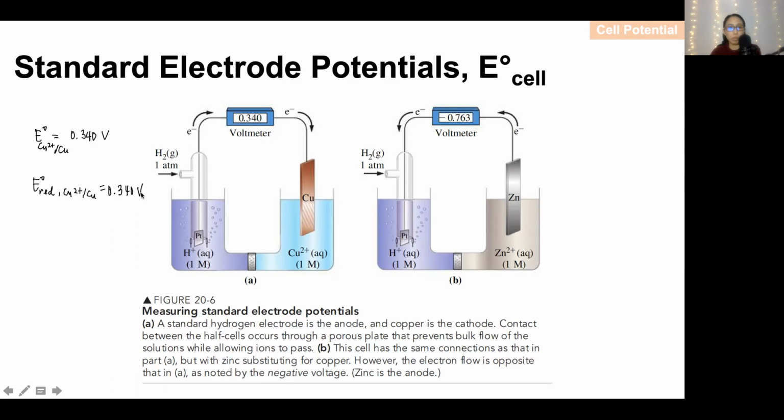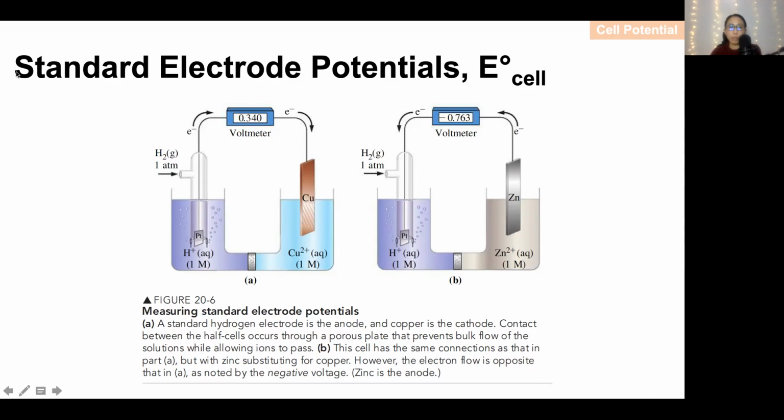0.340 volts. Meanwhile, if you connect a zinc 2 plus zinc electrode to your SHE, again, your SHE is the anode and your zinc 2 plus zinc electrode is your cathode, you get a measurement of negative 0.763 volt, which means that the standard reduction potential of your zinc 2 plus zinc electrode is negative 0.763 volt.